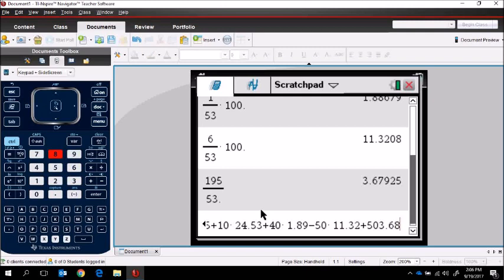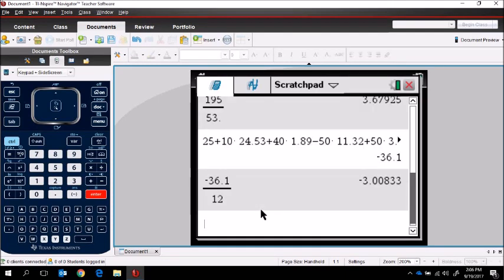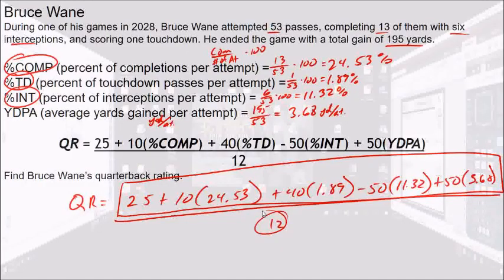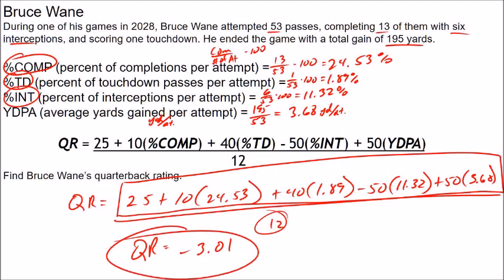All right, so I've typed in all that top, I'm going to get an answer. Okay, so I got a negative 36.1. Okay, and then we're going to come back and divide that by 12. So his quarterback rating is a negative 3.01. There's his quarterback rating. And that's why Bruce Wayne should not be a quarterback.